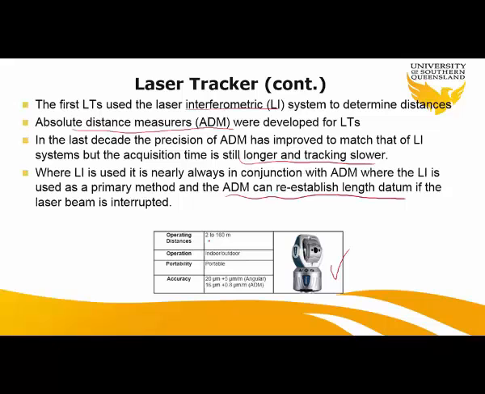You can see it can operate for the range 2 to 160 meter. It can operate both indoor and outdoor, and it's very portable. And the accuracy you can get for the distance is 16 micrometer plus 0.8 micrometer per meter. Obviously, you have to multiply this bit by the distance you're measuring to be able to get the total precision.